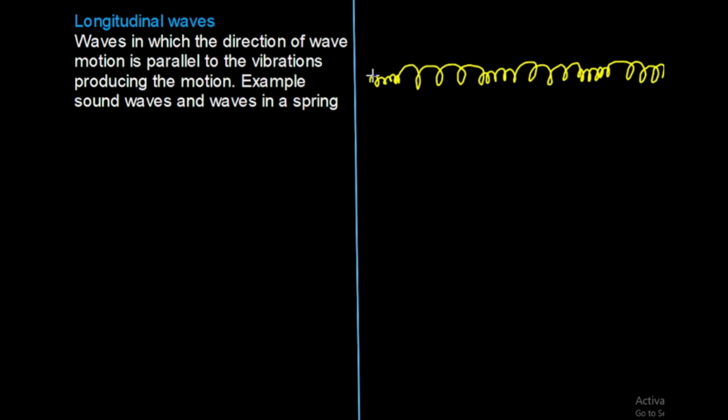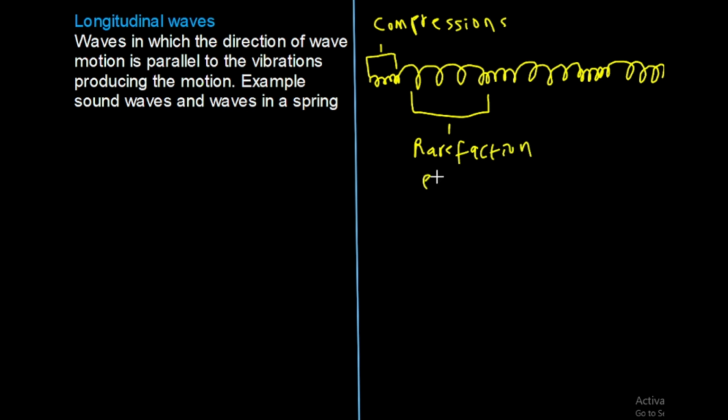So longitudinal waves give rise to adjacent compressions. This is a compression. Adjacent compressions and rarefactions or expansions. This is a rarefaction, also known as expansion.